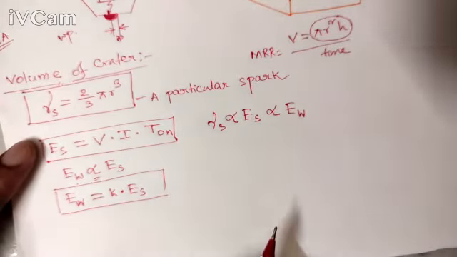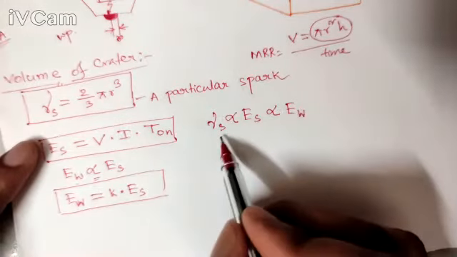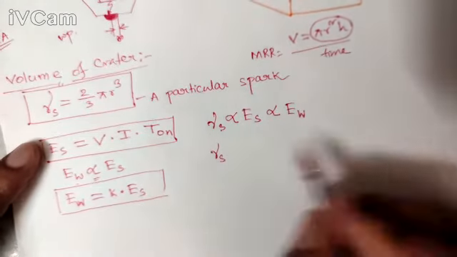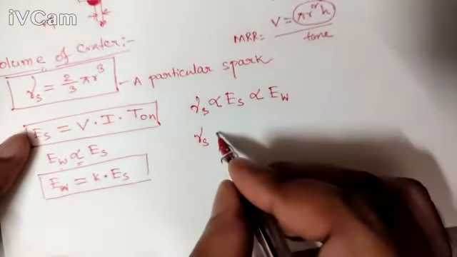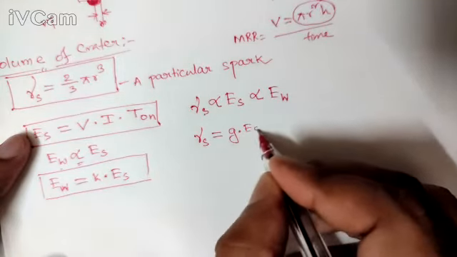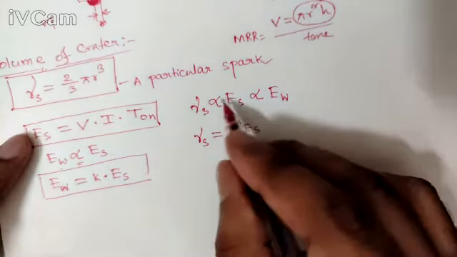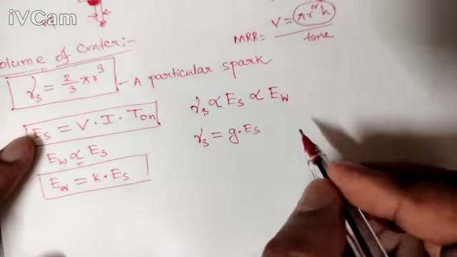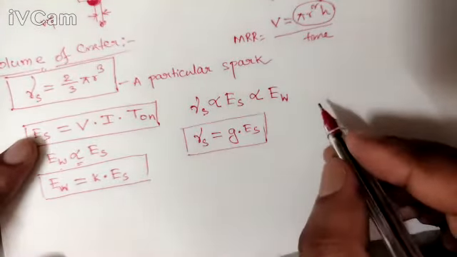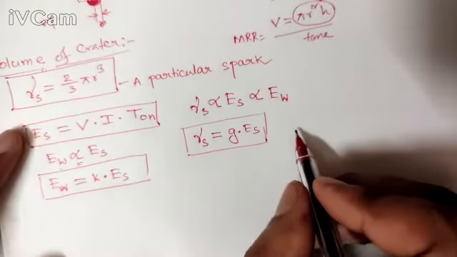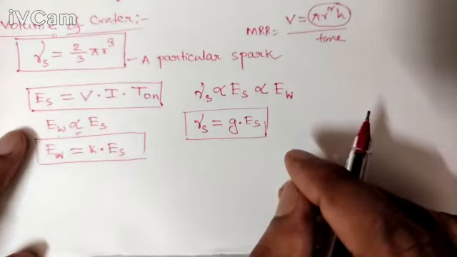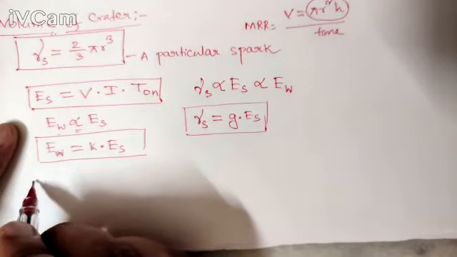From here we can even write that the volume of material removed due to a single spark is equal to G into ES, if we remove the proportional symbol. This is the volume of the material which got removed in a single spark.